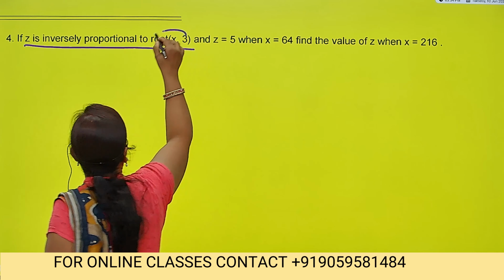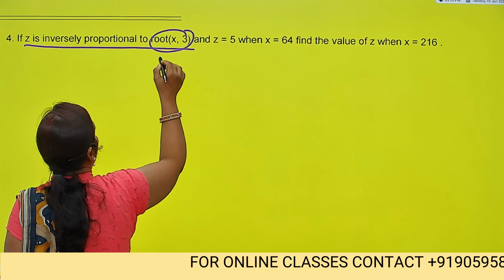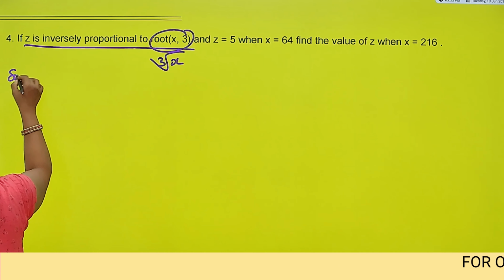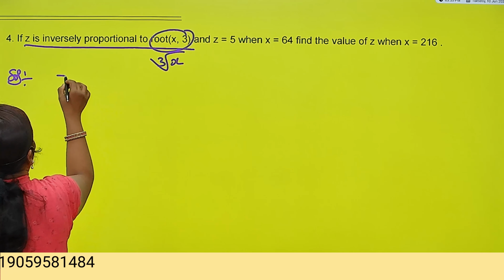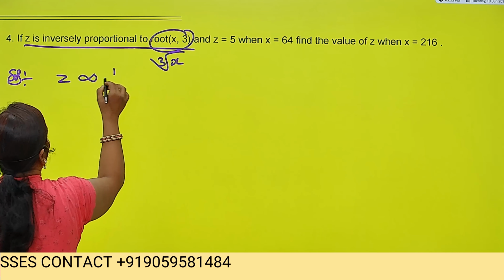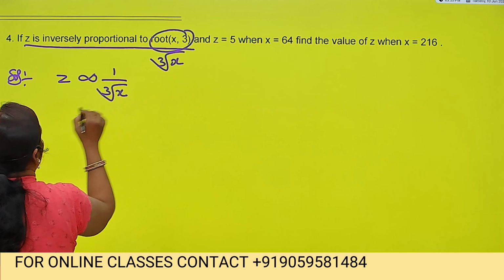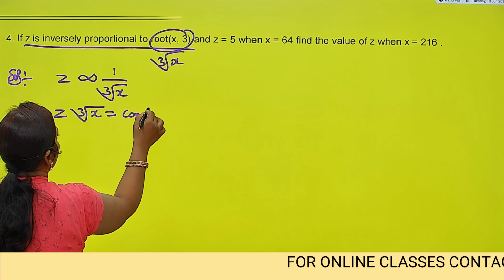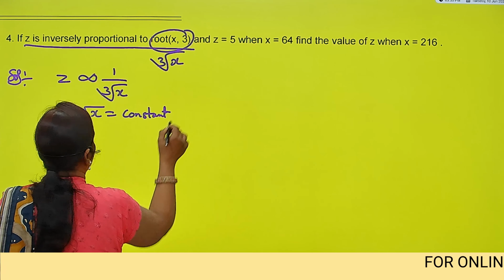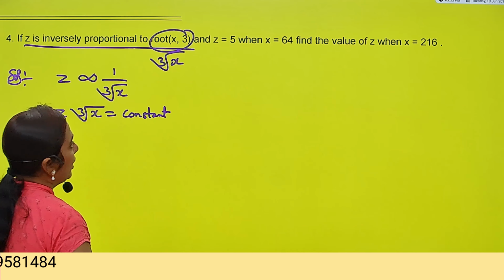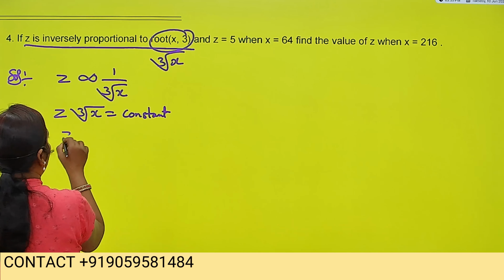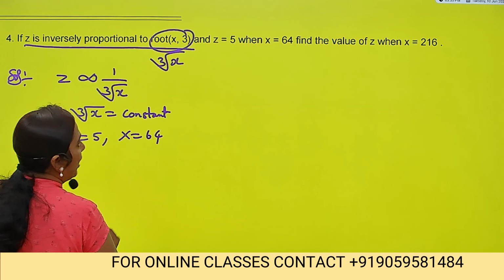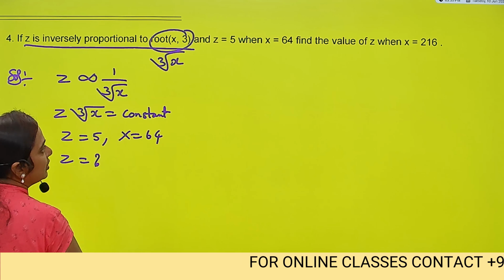So from that information, z is inversely proportional to cube root of x means we write z times cube root of x is equal to a constant, let it be k. Okay, it is a constant. Here z equals 5, x equals 64.